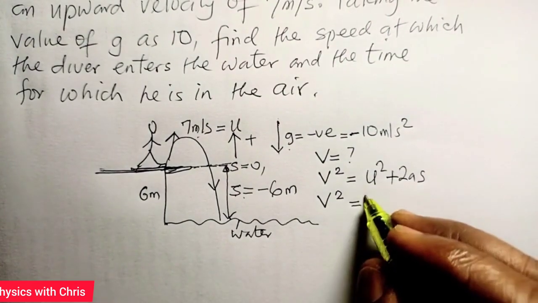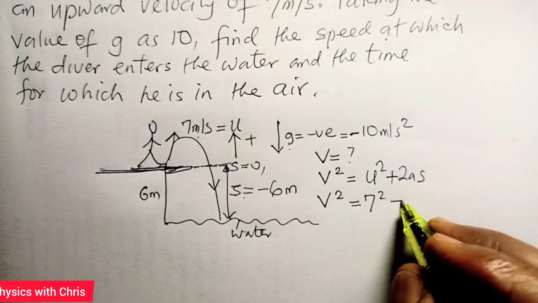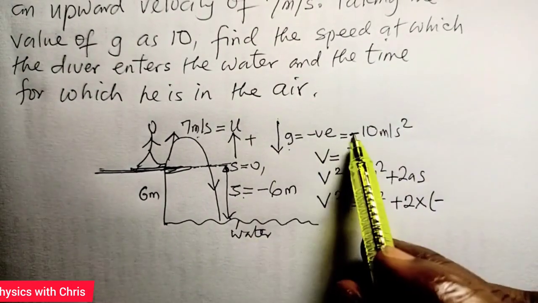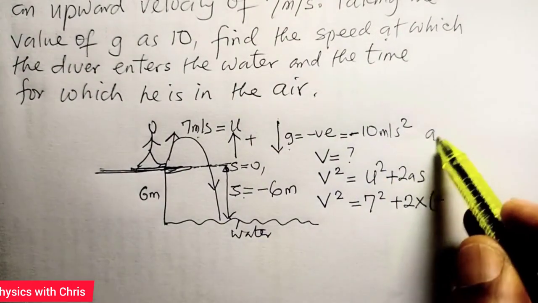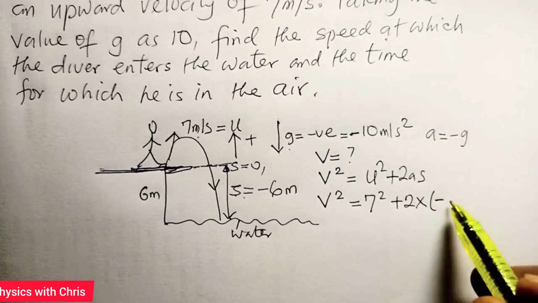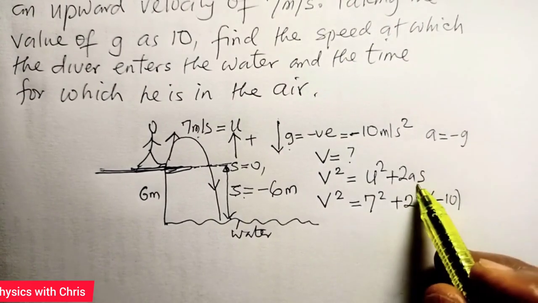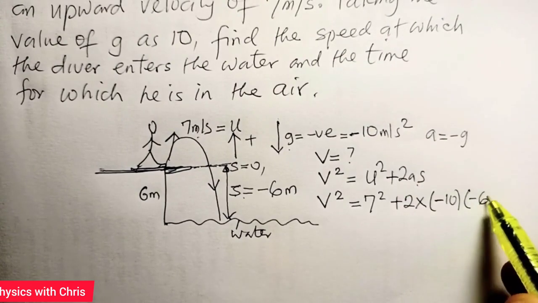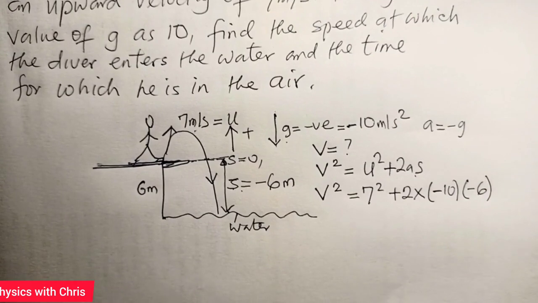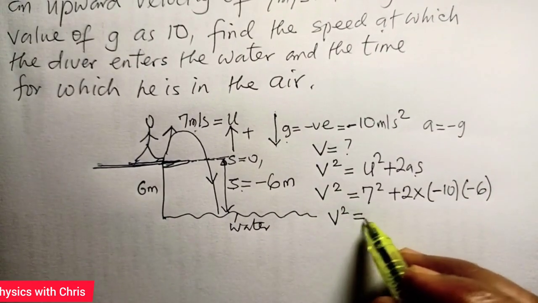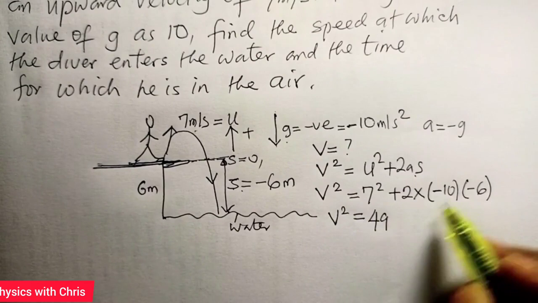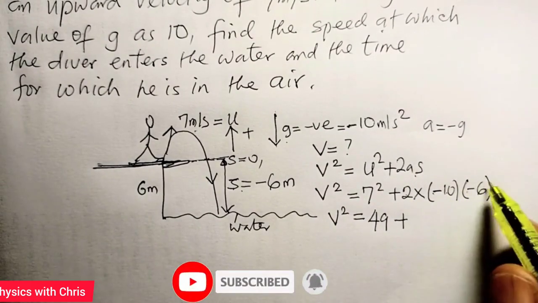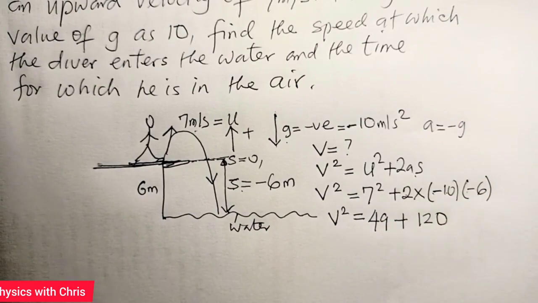My u is 7. That's 7 squared plus 2 times my a is minus g. A, the acceleration is minus g, which is minus 10 times my displacement s is also negative, minus 6. So that will give me v squared equals 49, minus by minus is plus, 2 times 10, 20 times 6, that's 120.